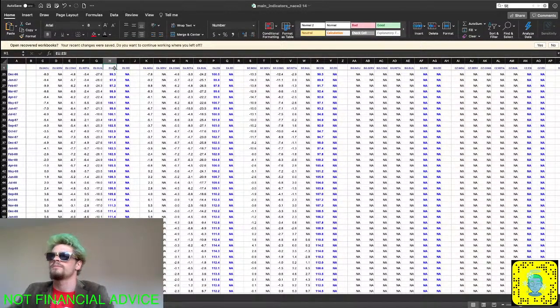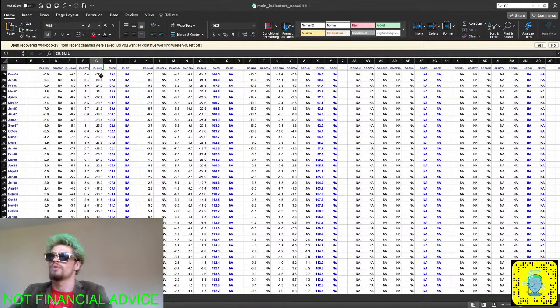The ESI is right here at the top. It tells us EU, ESI, and that's just a composite economic sentiment indicator. So that's just a composite number of how the economy is doing.